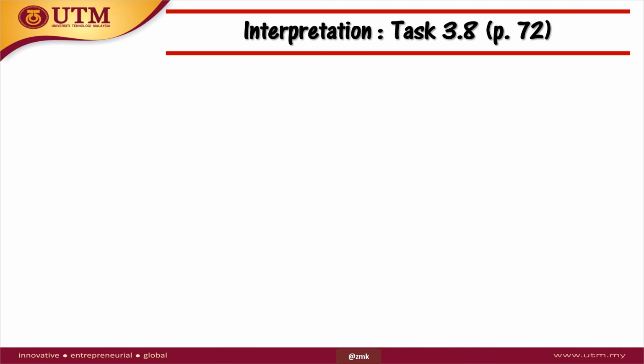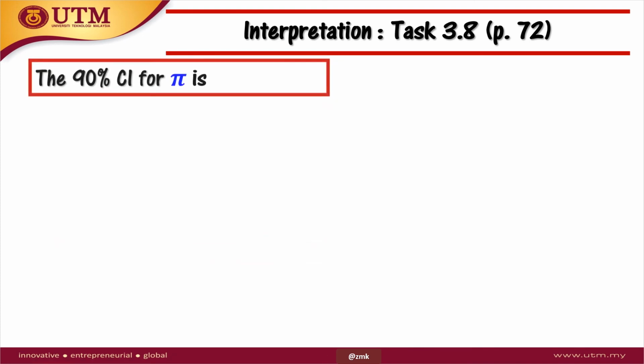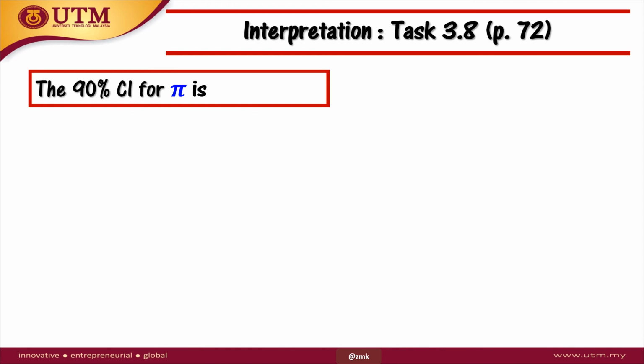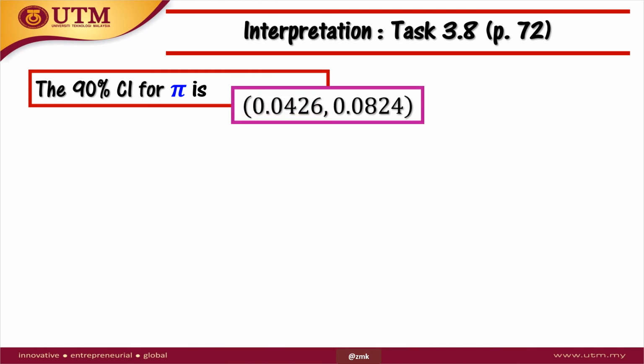I repeat again the interpretation for task 3.8 that we have looked through in the previous slide. We knew that a 90% confidence interval for the true proportion of components that fail to satisfy the specification was 0.0426 and 0.0824, or 4.26% and 8.24%. What is the interpretation based on this answer?